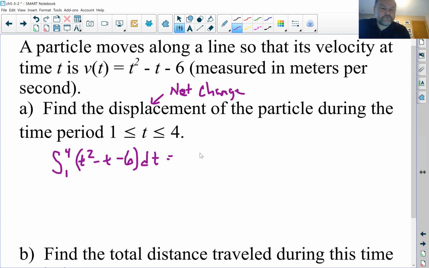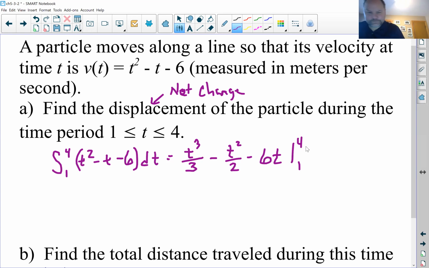So to evaluate, we take t to 1 more power, divide by that new power. T to 1 more power, divide by that power. And anytime we have a constant, it's going to get a t. And we will evaluate that from 1 to 4.